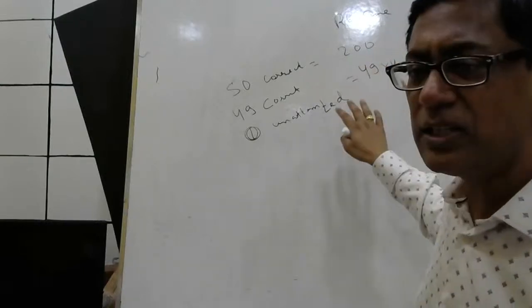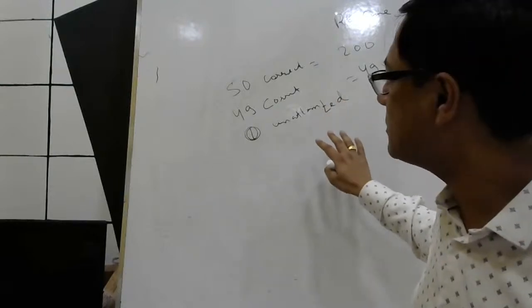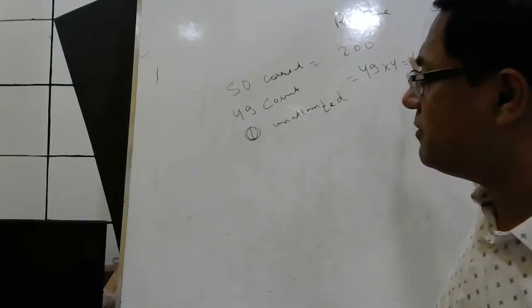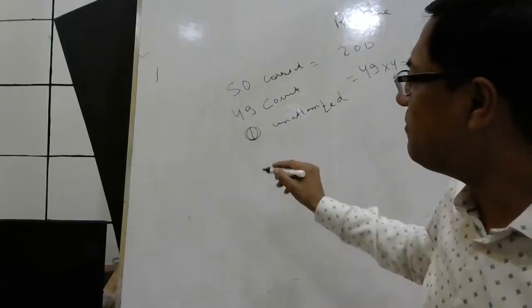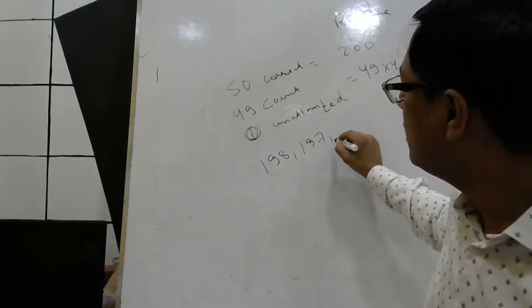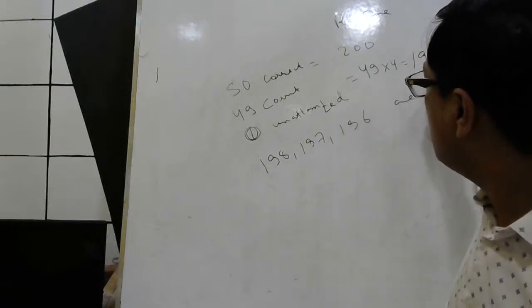Now, here it is very important. You need to understand a few things. If 49 correct can give you 196, therefore 199, 198, and 197 are not possible.